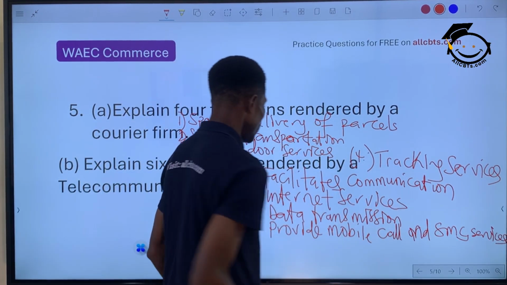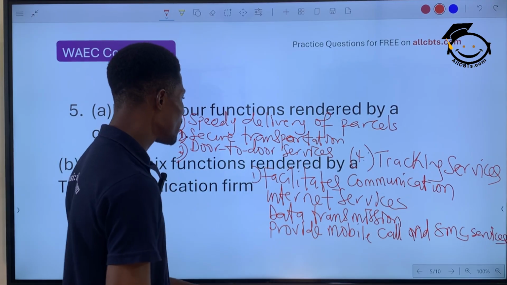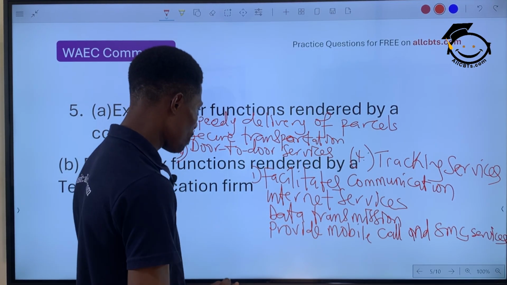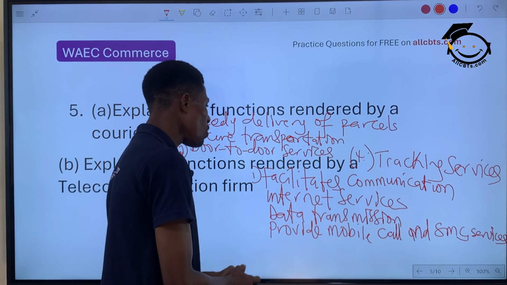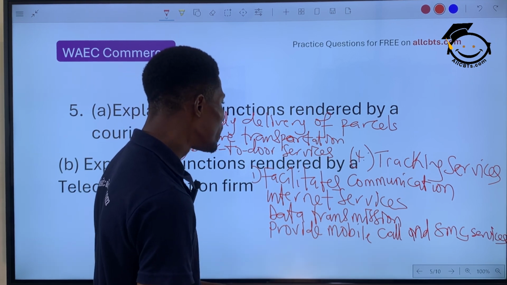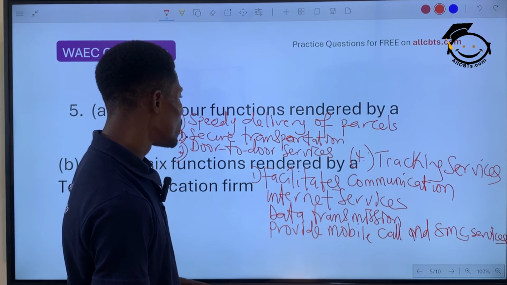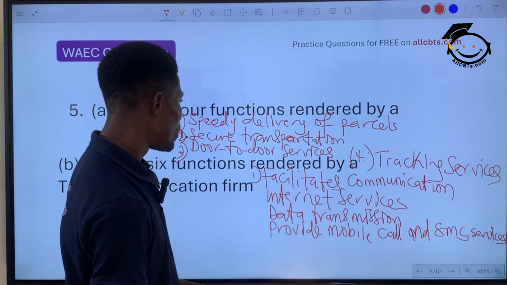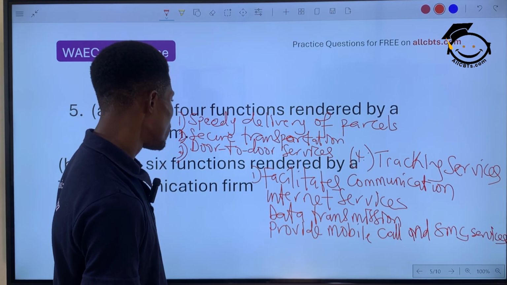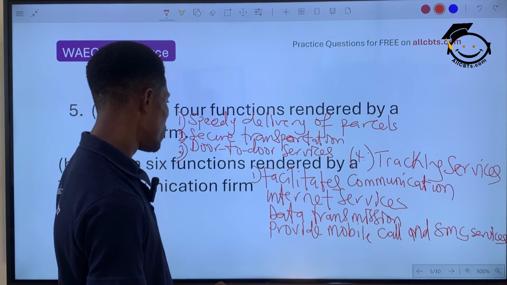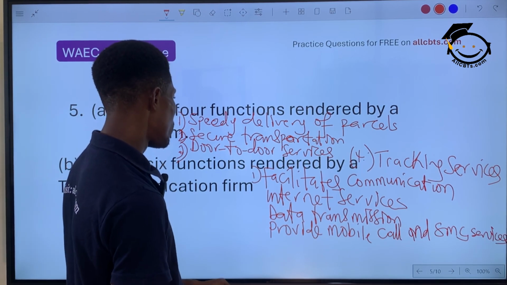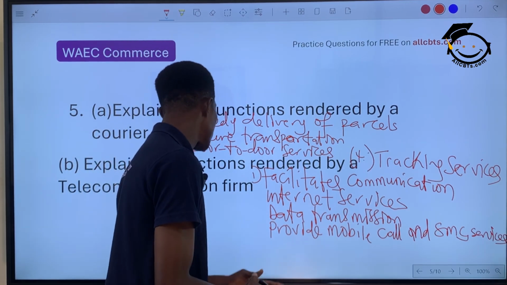They provide internet connectivity, data transmission. The next one they provide is what we call mobile call and SMS services. So they provide these things.